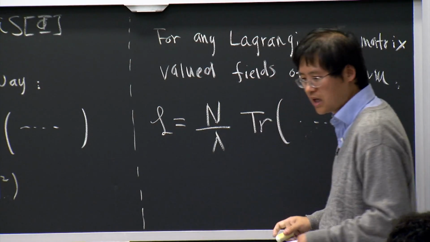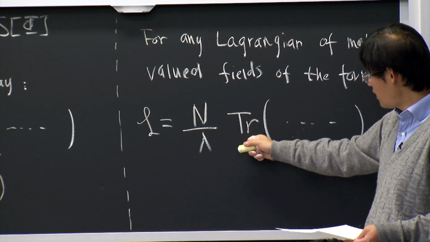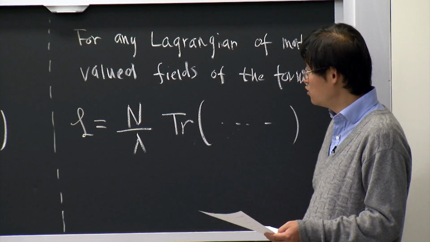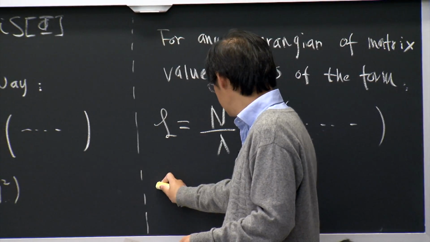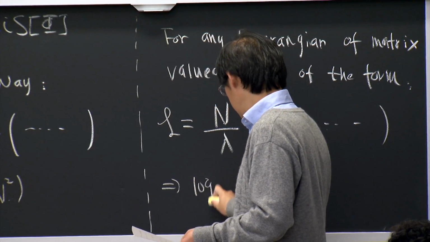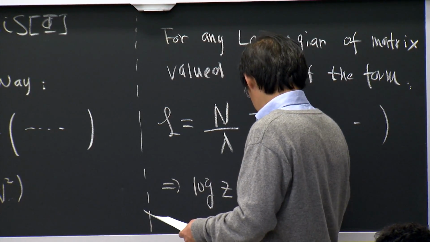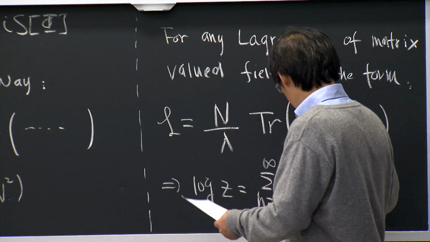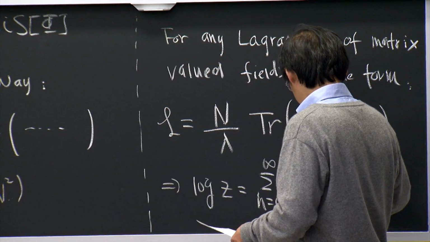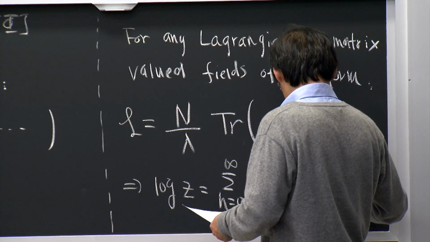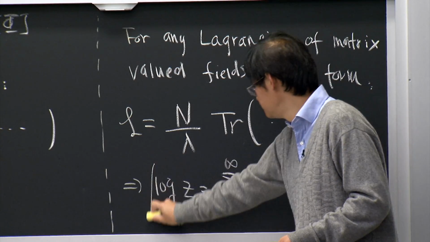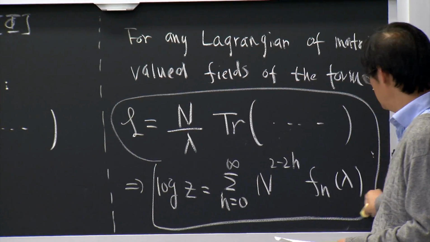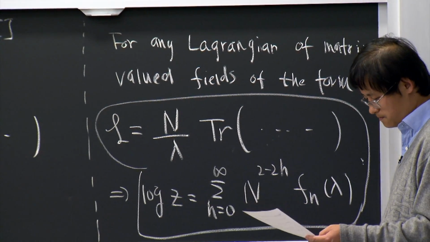It doesn't matter what you put inside the trace here. As far as you have a single trace, such a theory will always have an expansion like this.